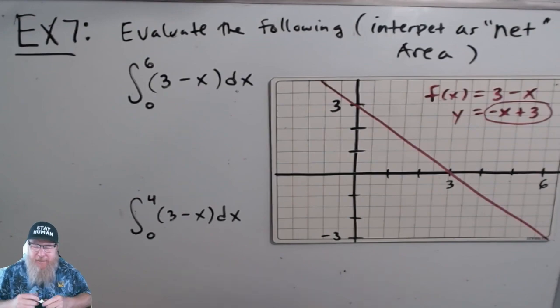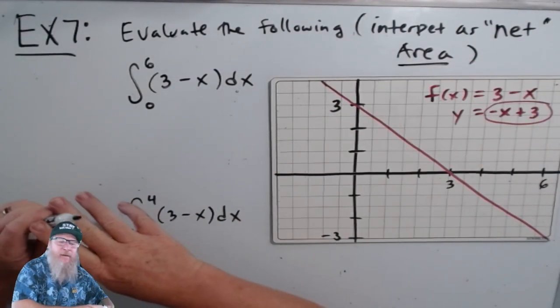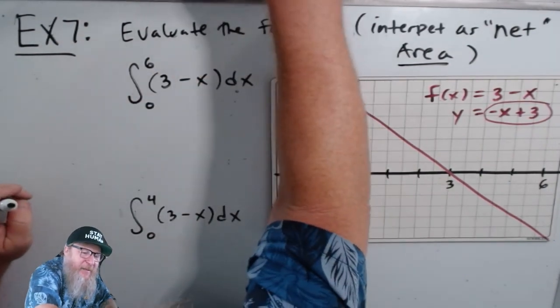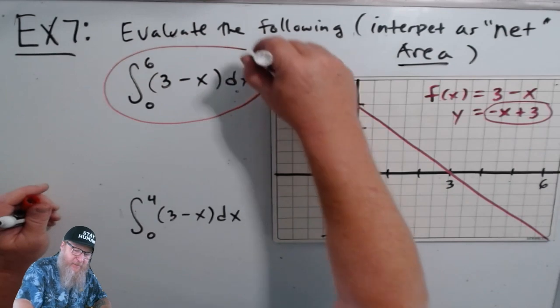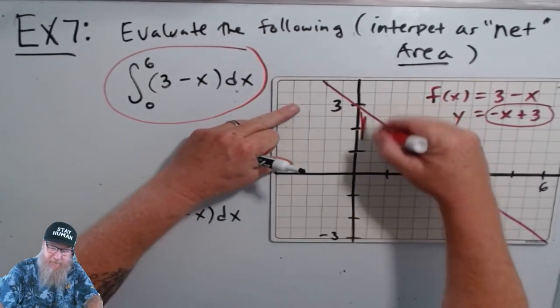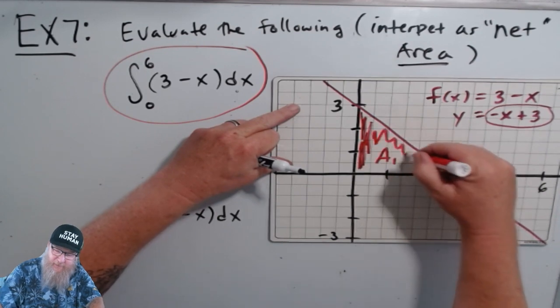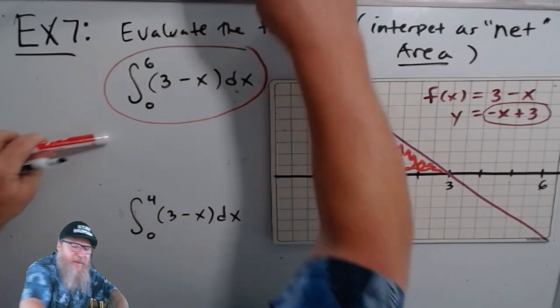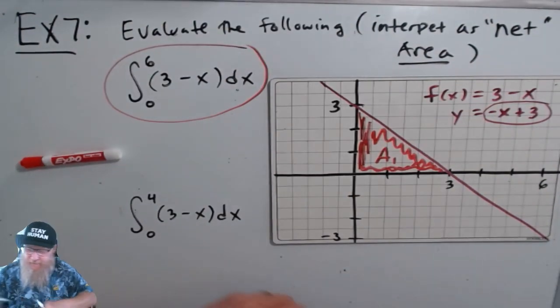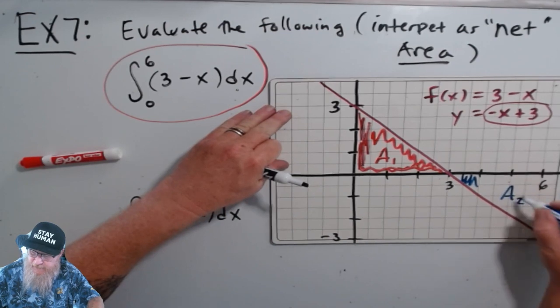So when we calculate this in terms of area, all we're asking for this one is, what is the area here? We'll call that A1. And then the area here.